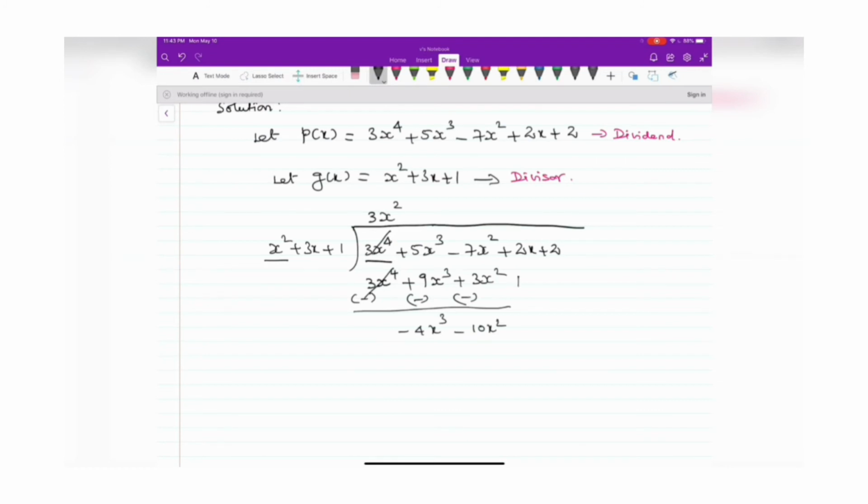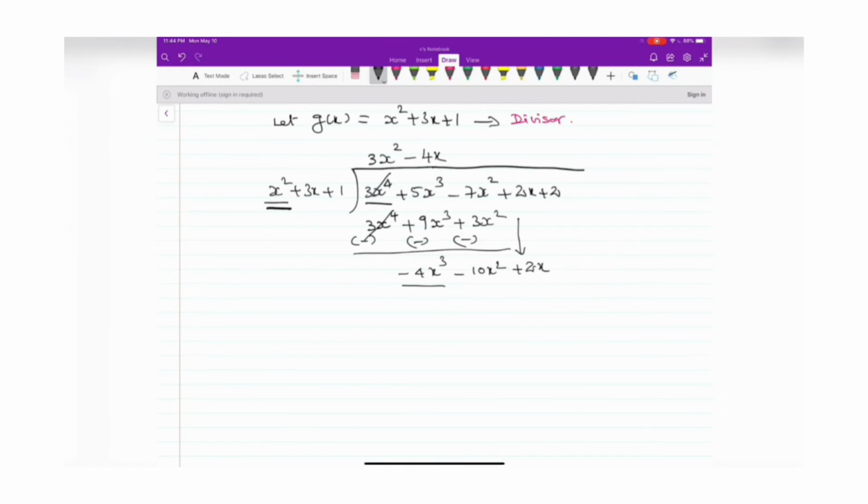Now I need to bring down this plus 2x. If you see here, I am having minus 4x cube, but I am having in the divisor x square. That means I have to multiply it by minus 4x. Only then I will get over here minus 4x cube. 3x into minus 4x will give me minus 12x square, plus 1 into minus 4x will give minus 4x.